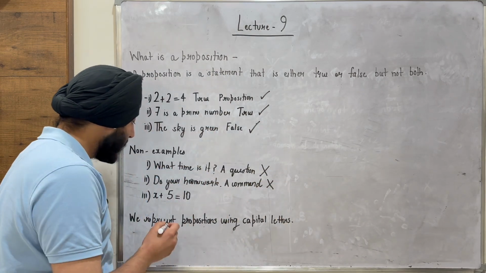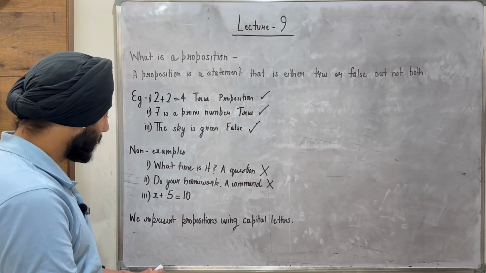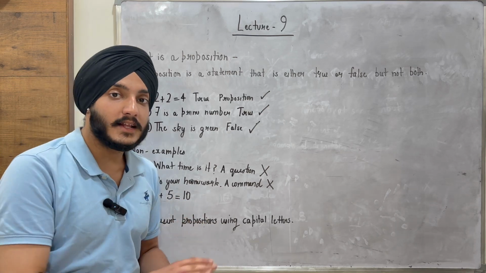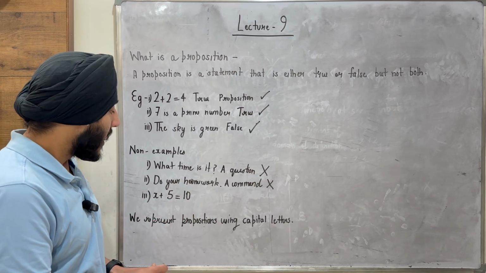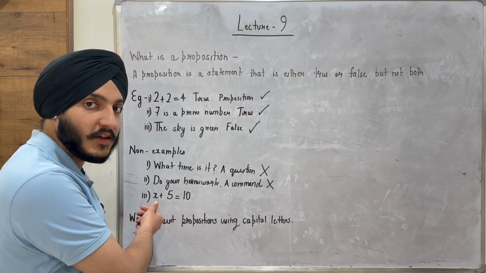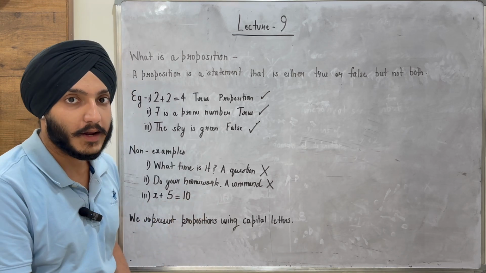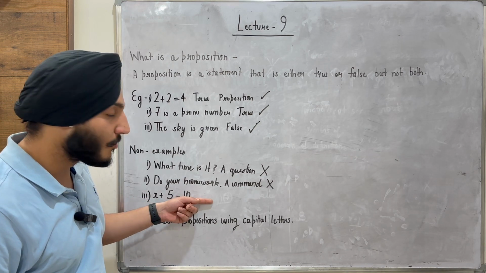Right? Now let's take a look at the last example, which is actually not a proposition. So now the example is x plus 5 equals 10. Now a few of you might think that this is actually going to be a proposition. But let's try to understand one thing, right? Unless I'm given the value for this x over here, I don't know whether this is going to be true or false, right? So it can be that x is 1, in that case it would be false.